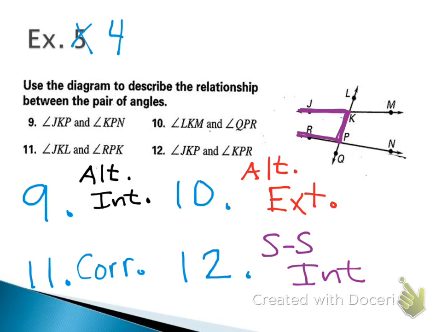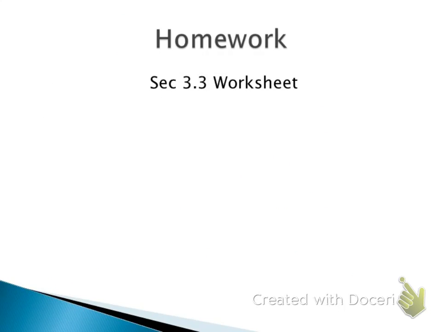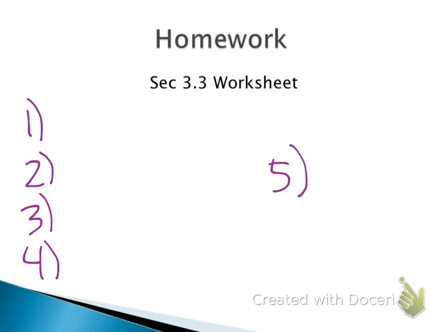All right, so you should all have in front of you this worksheet, section 3.3. We're going to do 1, 2, 3, 4, and 5 together. So number 1 says a blank is a line that intersects 2 or more coplanar lines at different points. Transversal, good.